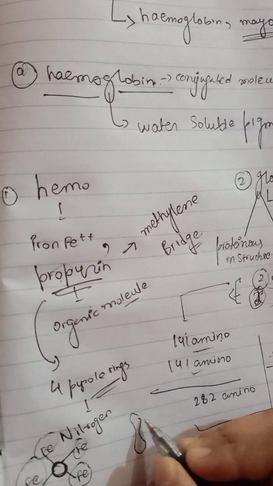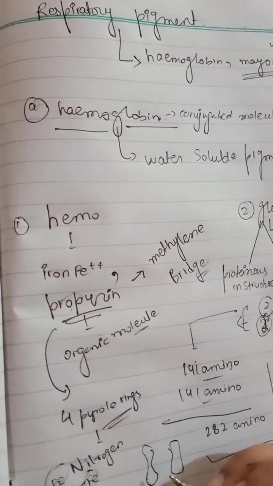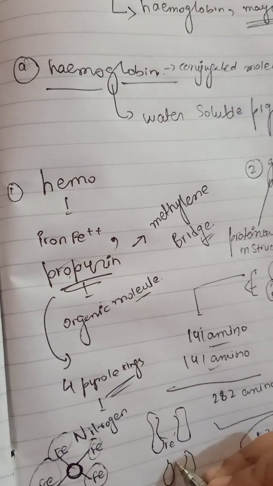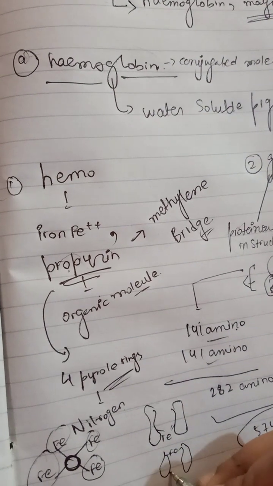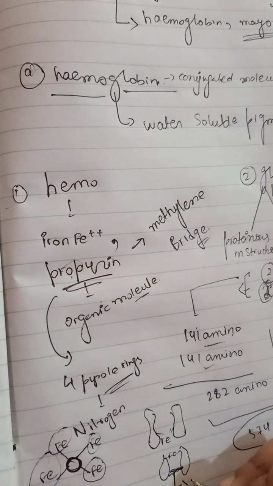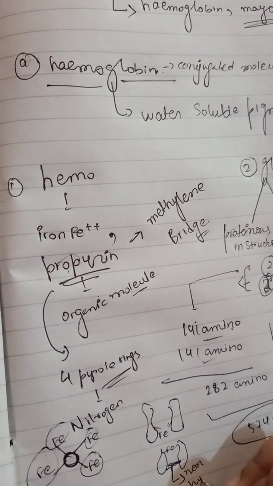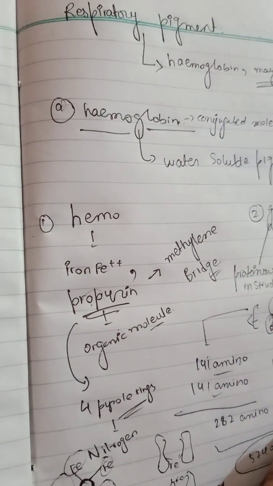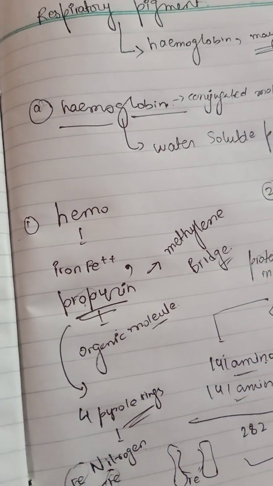For example, these are the four chains, two alpha and two beta, and the iron is attached with these chains. The chains are combined together with a non-covalent bond, that is a hydrogen bond, which is the weakest bond. One hemoglobin will bind with four oxygen, since the four iron atoms are there.